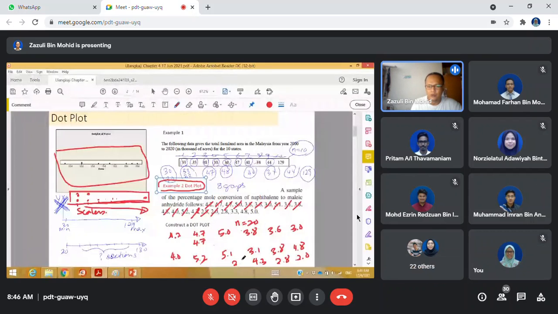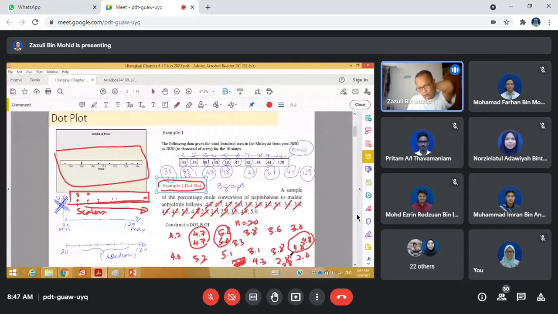No, we have 2.8 here. 2.8, 3.3, 4.8 and 5.0. So we can see that 1, 2, 3, 4.